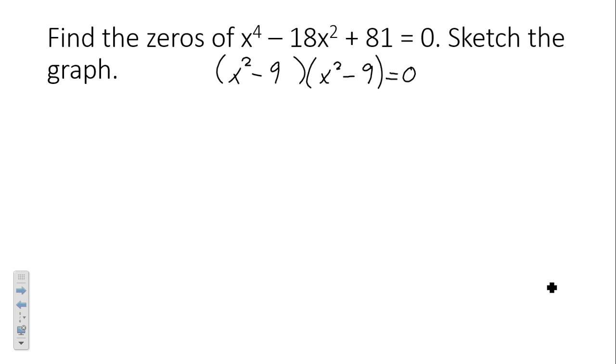Okay, now what? Are we done? No. What do we have to do next? Do it again. Okay, so Jordan, what are we going to get when we factor x squared minus 9? Perfect.